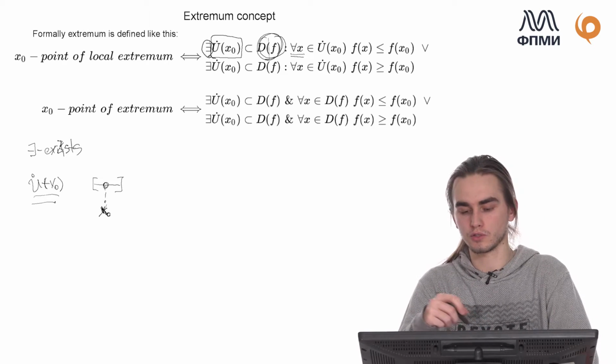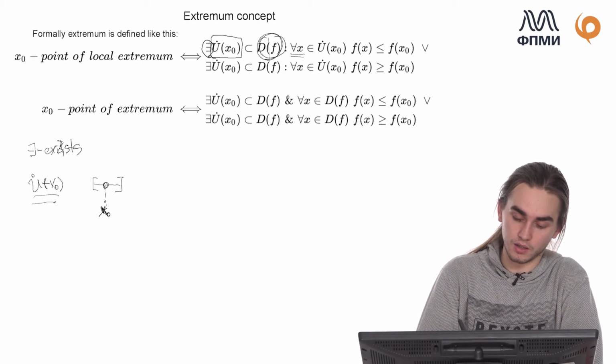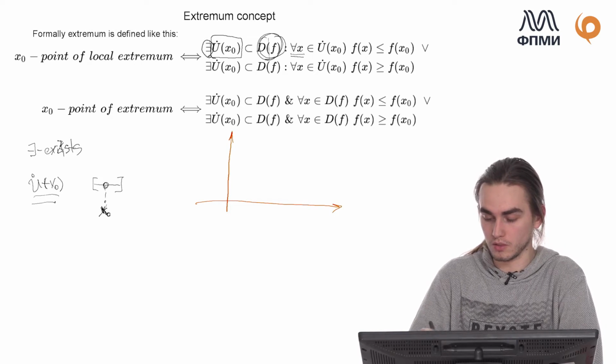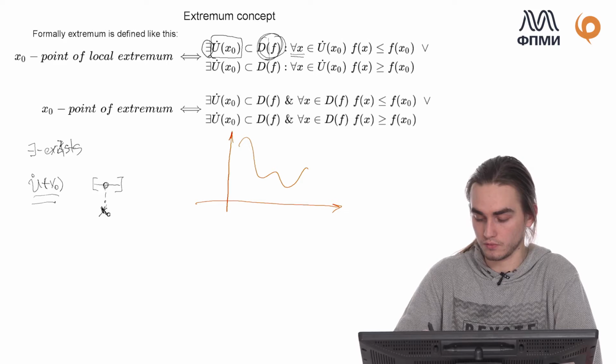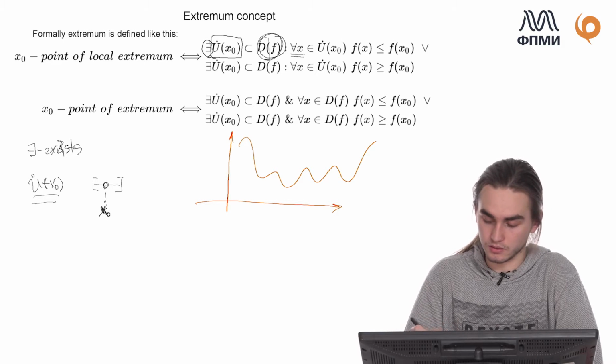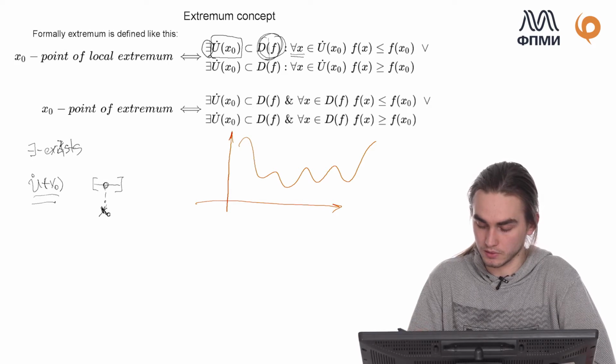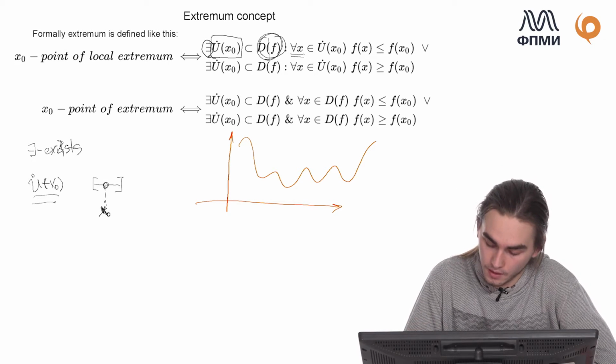So basically what is told in this definition can be easily shown in the chart, on the plot. For example, you have some curve, and you can see here some minimums and maximums, but how do you formalize it?